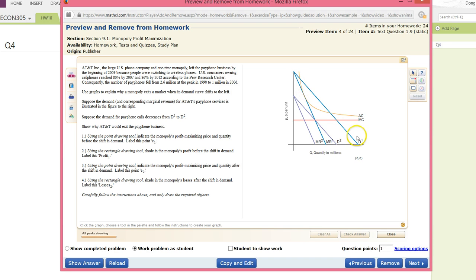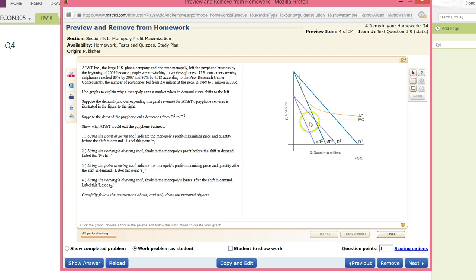For the original demand, we have this marginal revenue MR1, which, as you may know, if the demand curve is a straight line, marginal revenue is also a straight line which starts from the same vertical intercept, but is steeper than the demand line. And the same for the smaller demand curve. So then we also have the second marginal revenue, MR2.